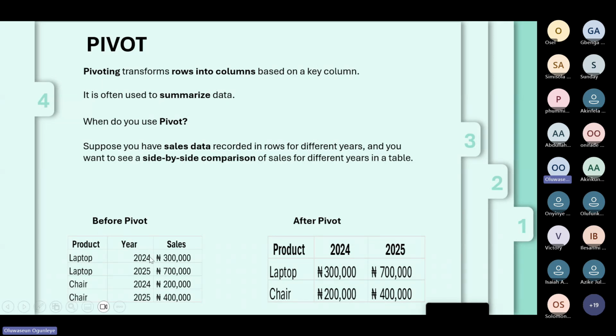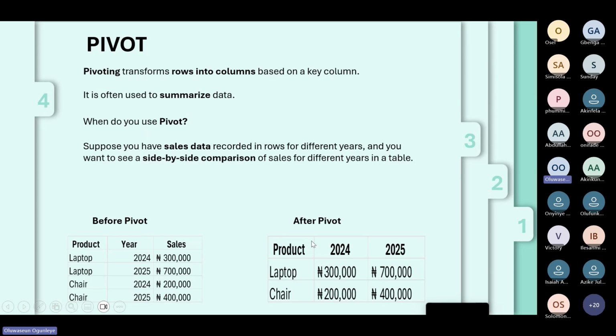Under year, we have 2024, 2025, 2024, 2025. Then the last column we have sales. Under sales, we have 300K, meaning that in 2024, laptop was 300K. The next one we have 700K, then 200K, and 400K.